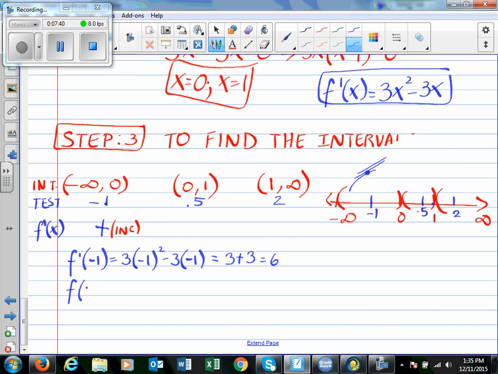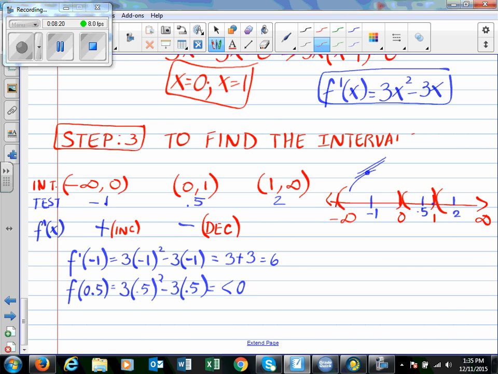That will be 3 times 0.5 squared minus 3 times 0.5. Will the result be positive or negative? You don't need the actual number. It will be negative, less than 0. All you need is just positive or negative. So this will be decreasing.